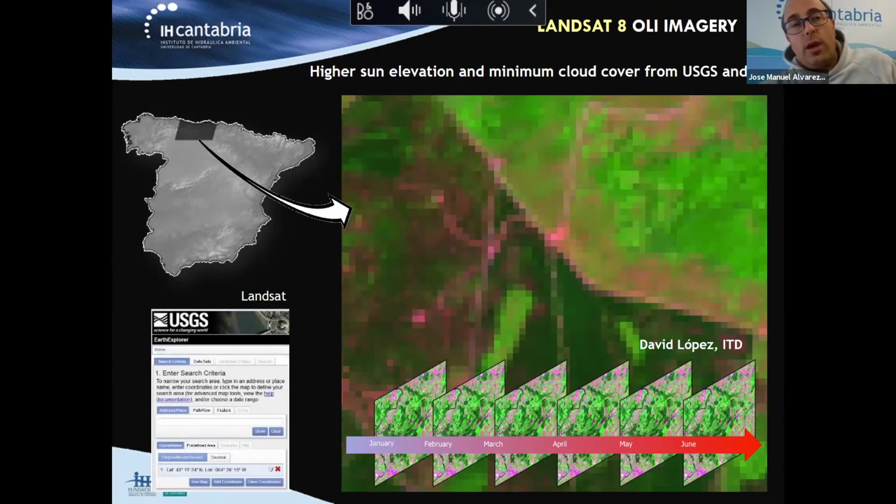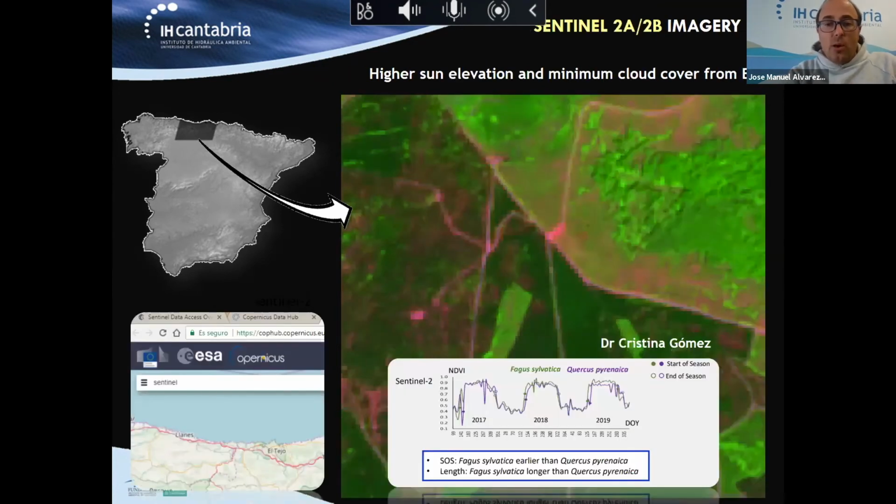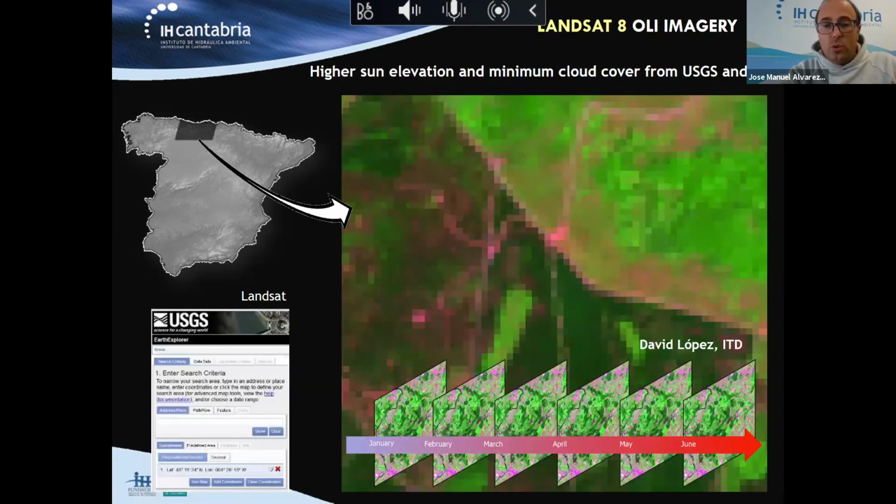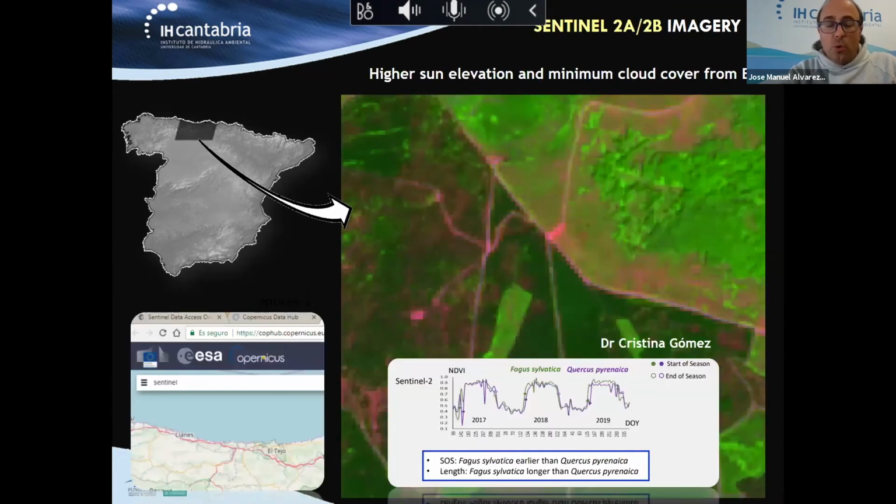We are working with a very good company, creating our own system for downloading all the Landsat time series for the north of Spain and putting it on our screens to make time series analyses. With Sentinel, you have a larger spatial resolution, as you can see here, improved spectral resolution, and larger temporal resolution too.